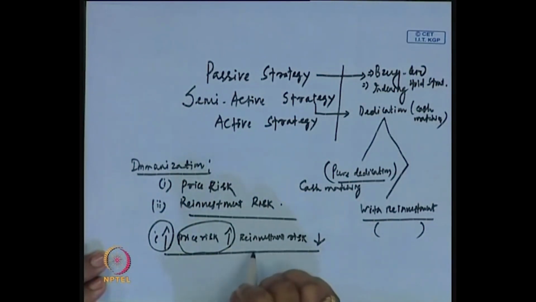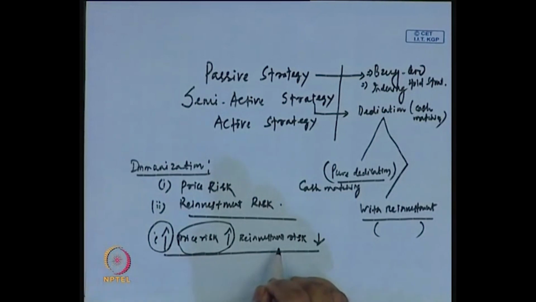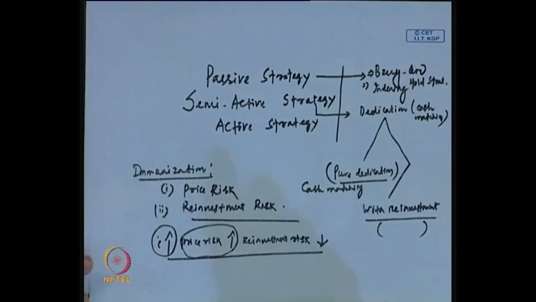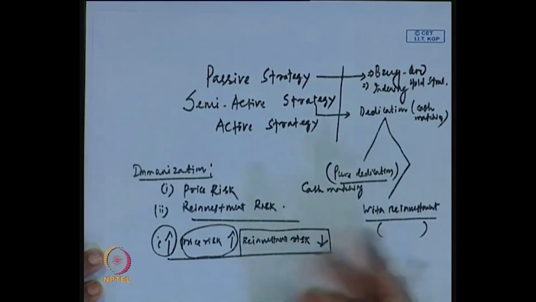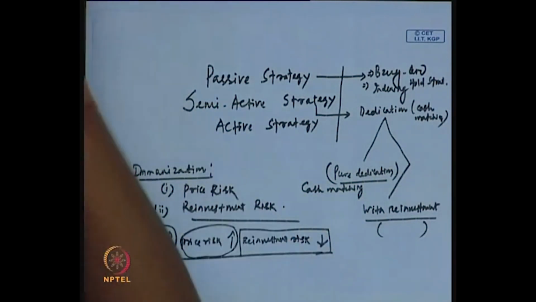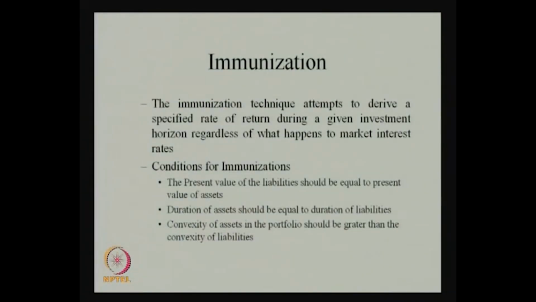But at that time, the coupon the investor receives will have very low reinvestment risk, because in the market the investment opportunities are more, as the interest rate is higher. That way the reinvestment risk can be decreased. So the price risk and reinvestment risk offset each other.